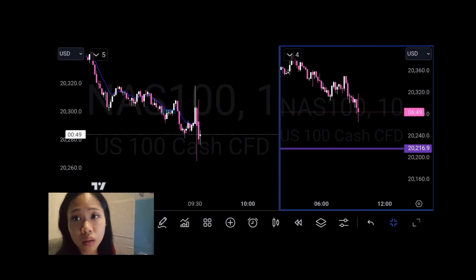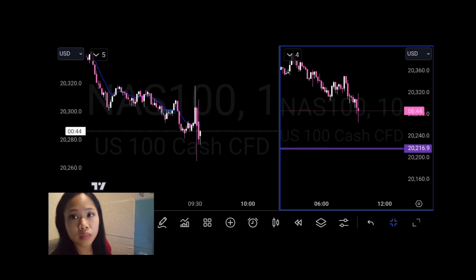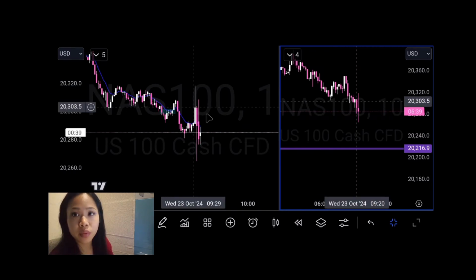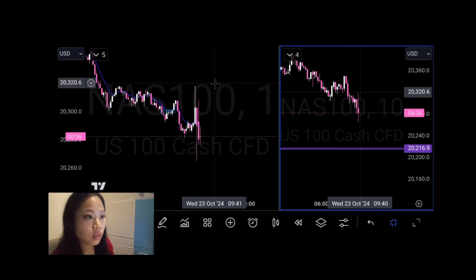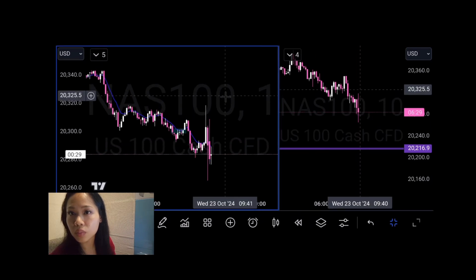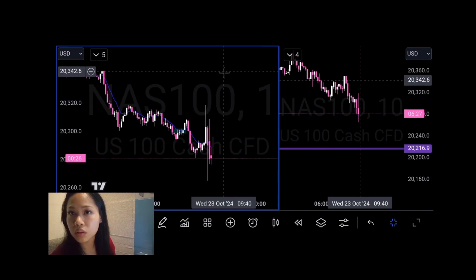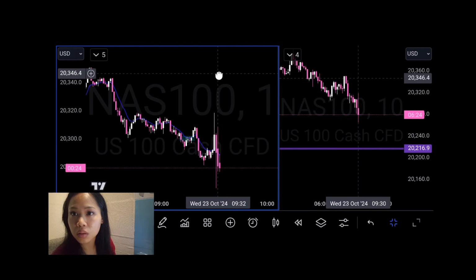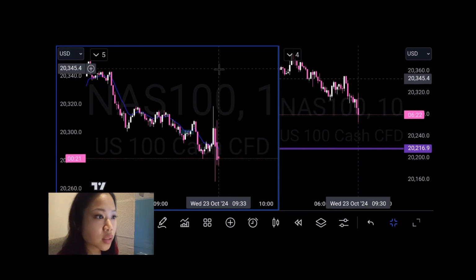I'm looking to sell into that next purple line. If price allows, I will have my stop at the high of this candle. I don't know if that's a good enough stop loss. I think it's better to be safe.